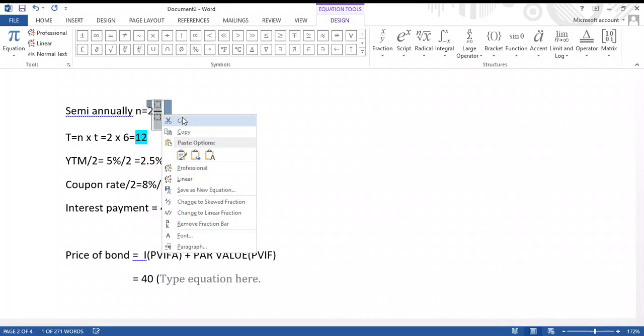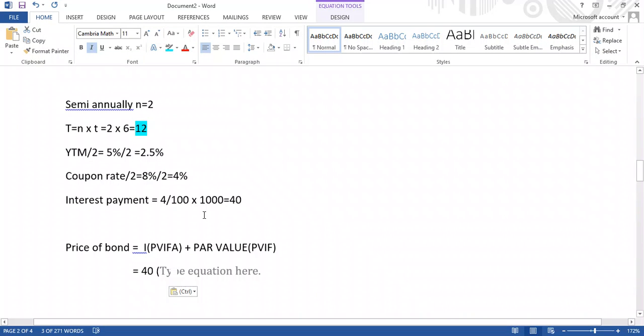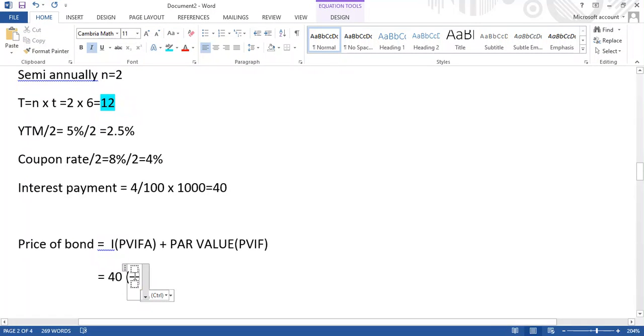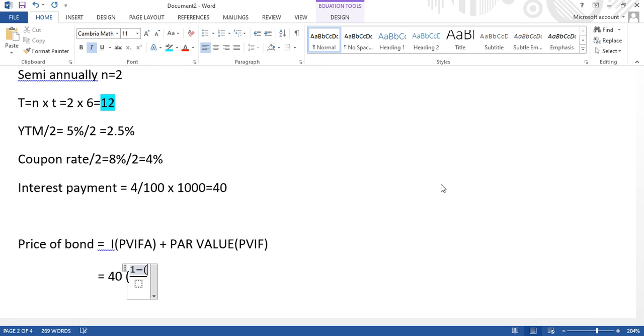Let me take it from here. So our formula is 1 minus, just confirm, 1 plus r to the power, let me see, how do we put a power here? The power negative 2, yes.